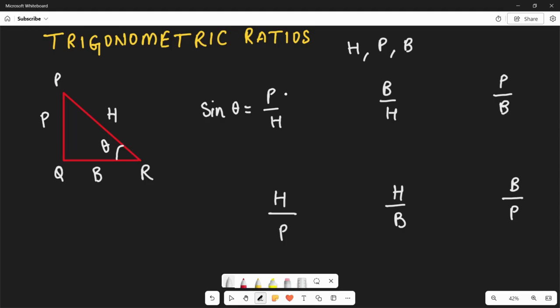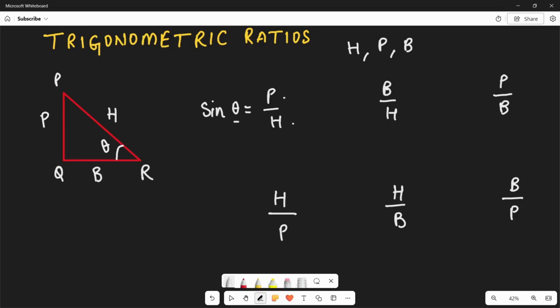So P by H becomes sine of theta. So one major point that should be noted is I am not multiplying sine into theta. Sine is not a value, it is just a name which we have given to the ratio, that is perpendicular by hypotenuse. Okay, so perpendicular by hypotenuse can be written as sine of the angle which we are considering.